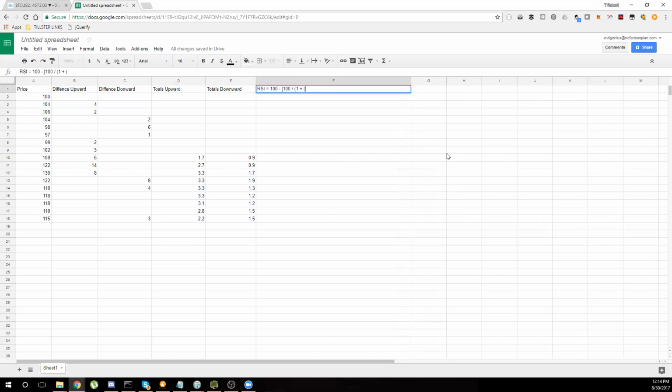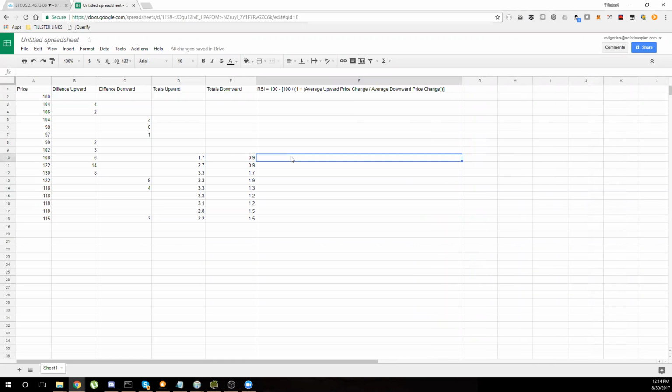And then we plug in the average upward price change divided by the average downward price change. And that forms our RSI. So what is that doing? Well, let's find out. We'll plug it in.